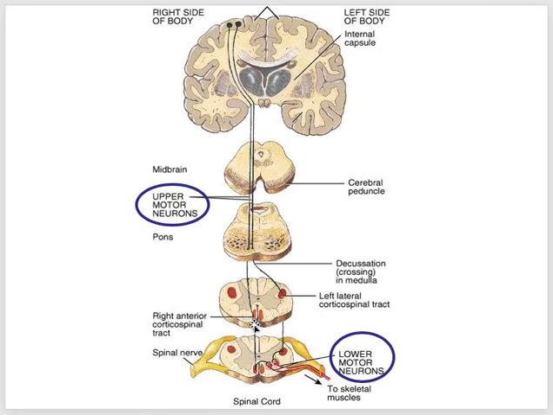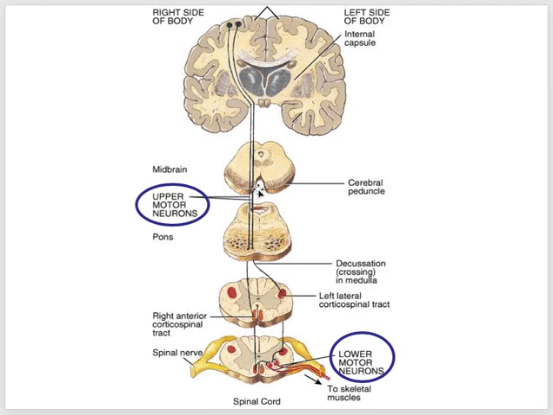Now they make two tracts. One is called the anterior corticospinal tract and one is called the lateral corticospinal tract. What you can see over here is that the fibers which make the anterior corticospinal tract stay on the same side. See, this is half of the body.